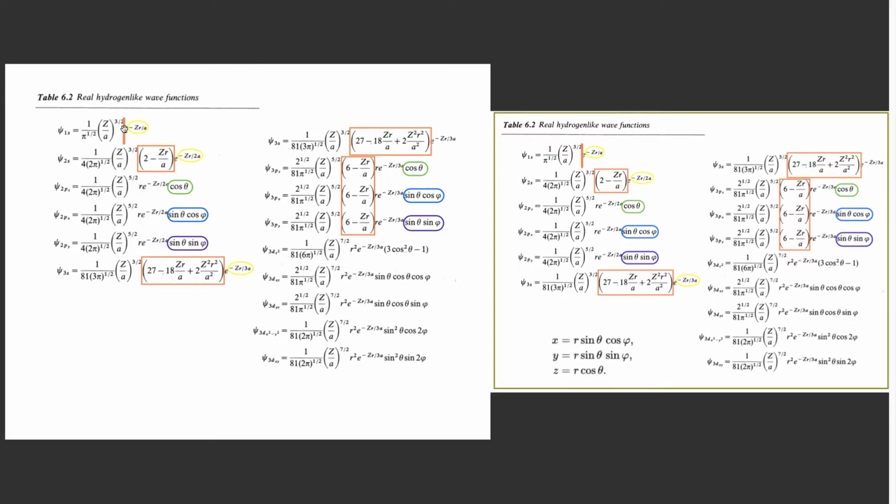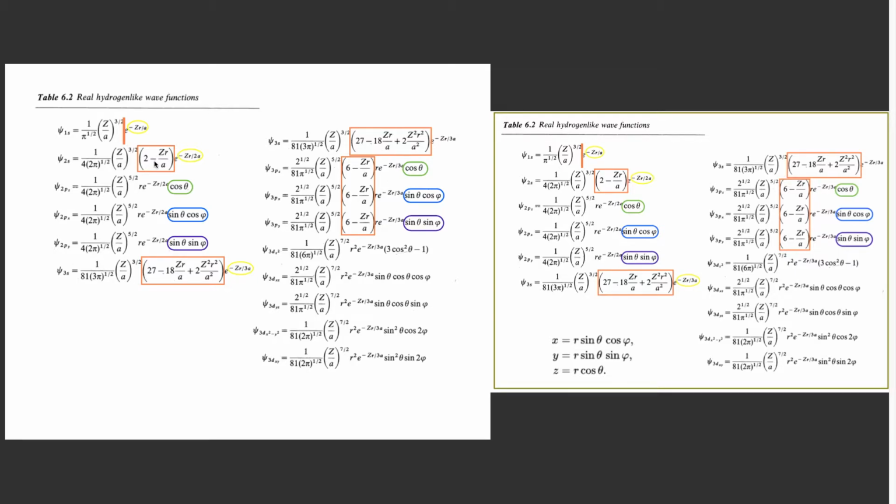You'll also notice that there's a polynomial in front, in between this numerical value and the exponential part, right? There's actually no polynomial in front of the 1s. In front of the 2s, there's a linear expression, 2 minus Zr over a. So there is a value for r where Zr over a is equal to 2, which means that this linear piece is 0.